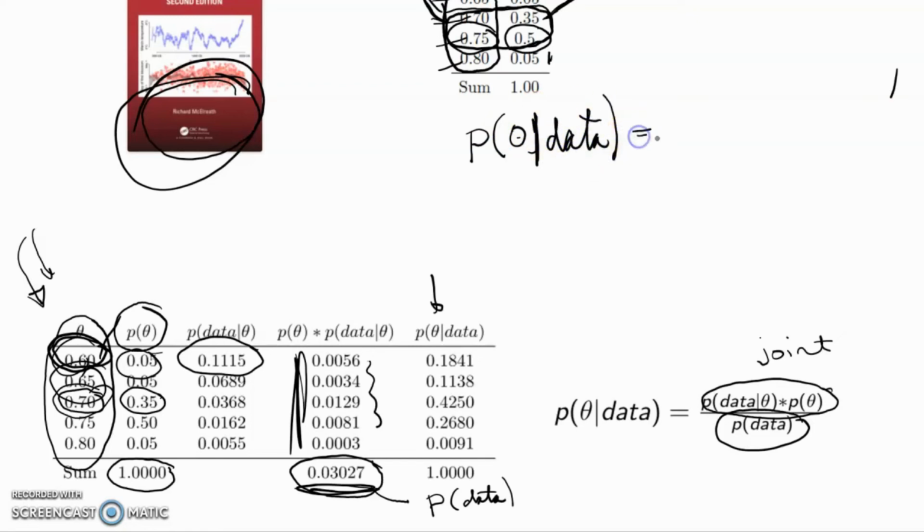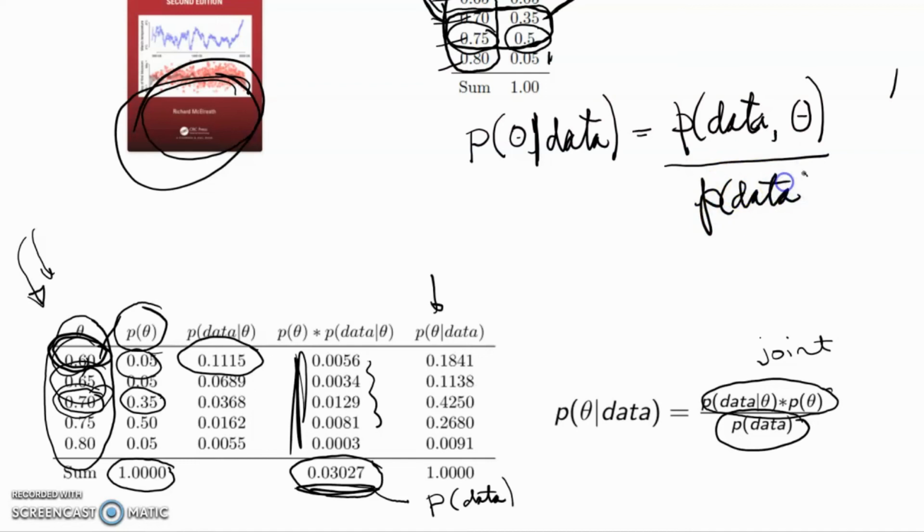It's just the joint probability, data and theta, divided by the marginal probability of the data. And again, to see this, think about what happens if you multiply the probability of the data times the probability of theta given the data, you wind up with the joint probability.